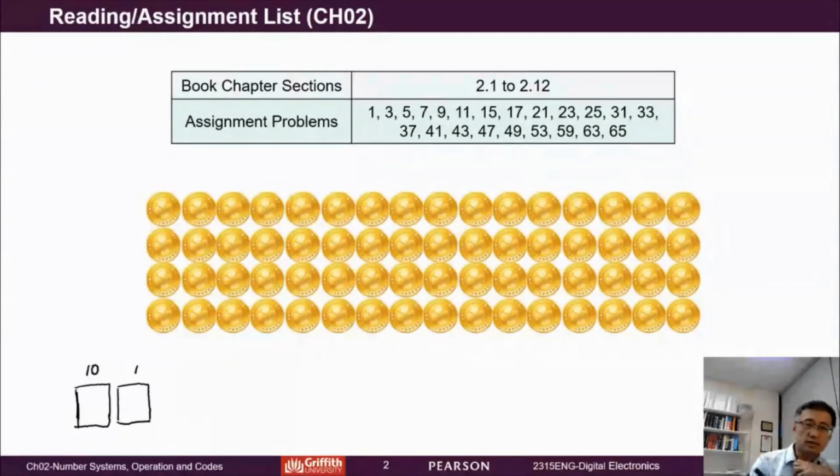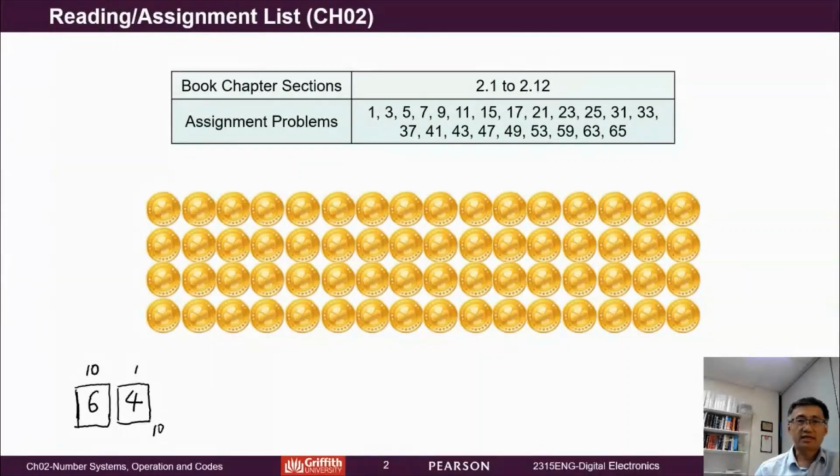So how many do you know in our language? This is a base 10 system. If you count, it will be 64.